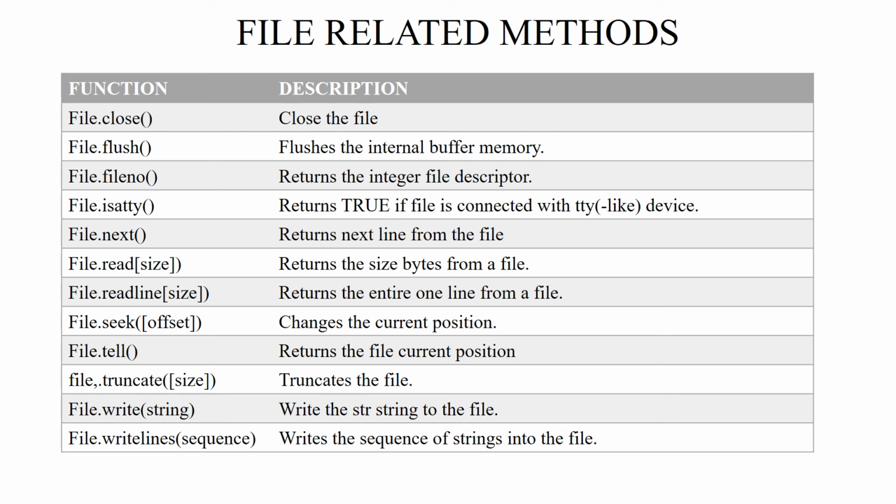Then tell() returns the file's current position. Then truncate(size) truncates the file. Then file.write(string) writes the string into the particular file. Then file.writelines(sequence) writes the sequence of strings into the file. These are some of the various methods that we use to manipulate files.